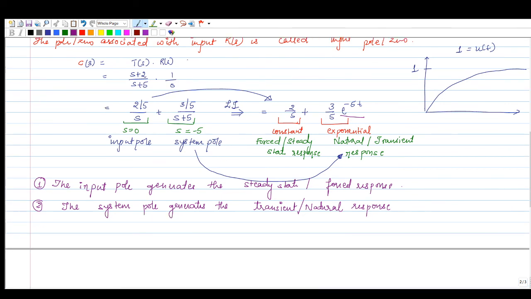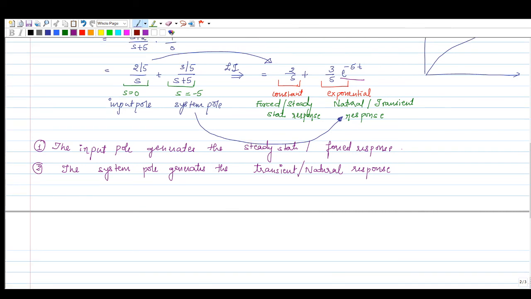So we've seen the first one, the pole of the input function generates the steady state response. The second one is that the system pole generates the transient or the natural response.